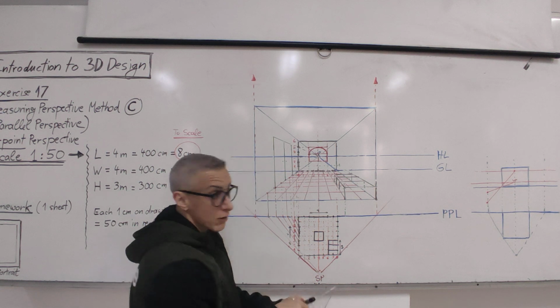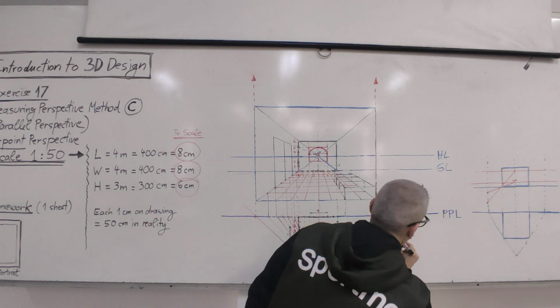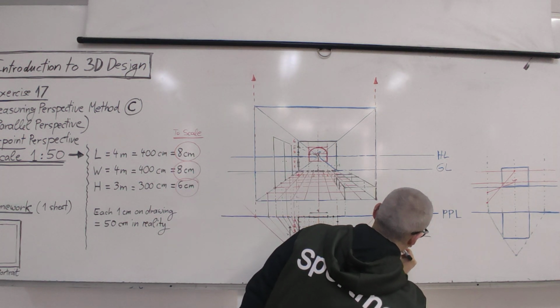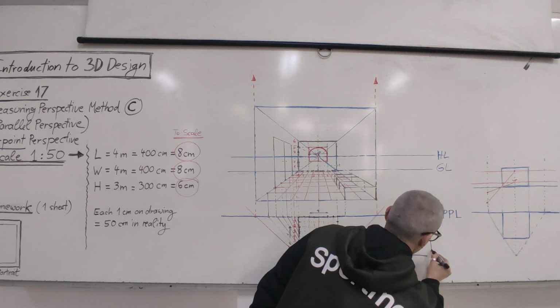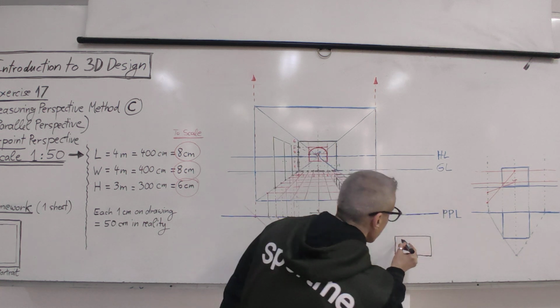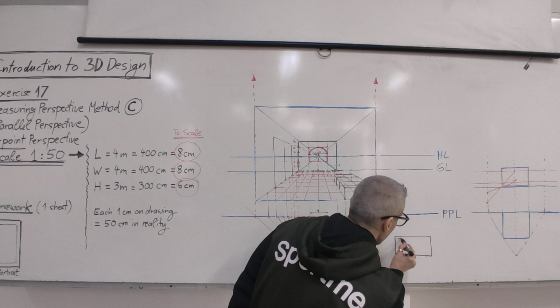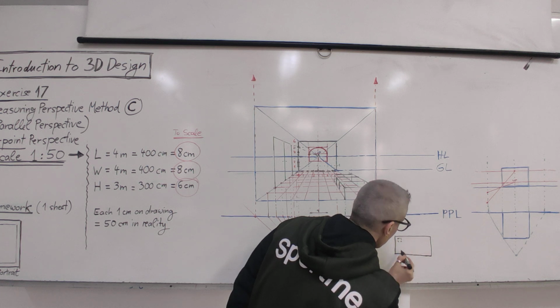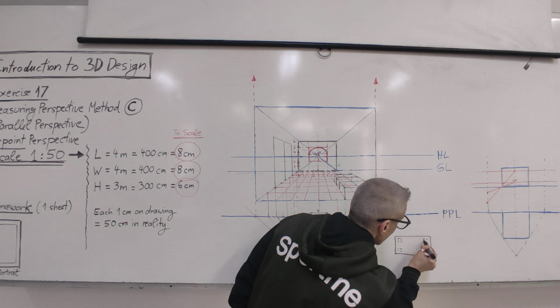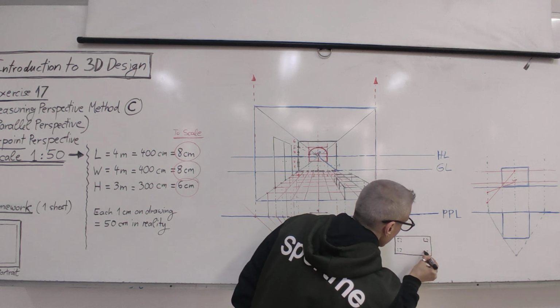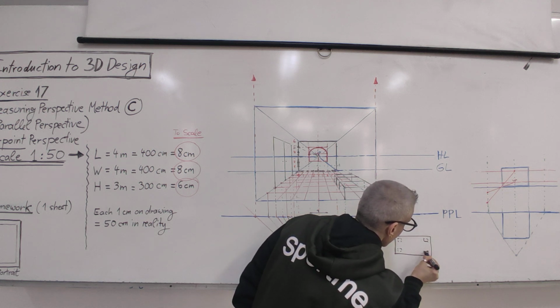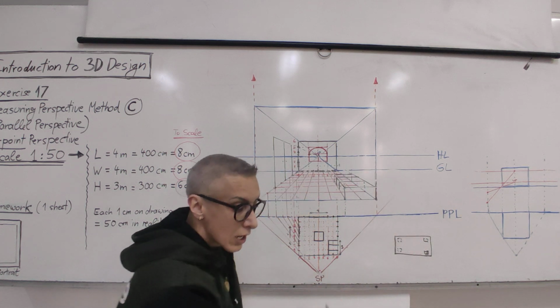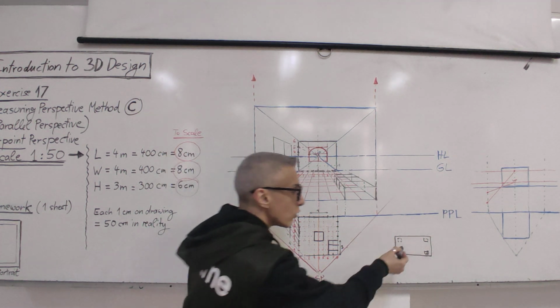So here, if it is a table that you're drawing, you need to draw the table with the correct measurements to scale, and then indicate the details. Like for example, here is one of the legs. Here is the other one. Here another. Here another. Okay? For example, any other details that we don't see, we need to draw it here.